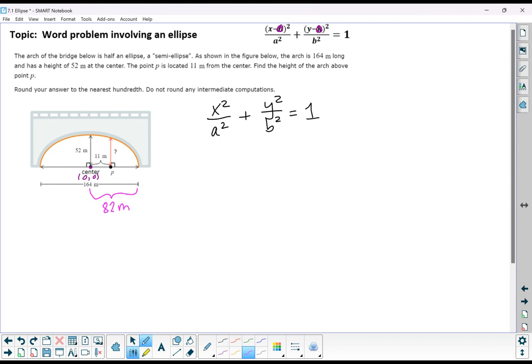That's just half of 164. That in the equation is the a. And that is not squared yet. That is just a. Our other axis, our vertical axis here, which is the minor axis, the shorter one, is 52 in our equation. That is going to be b.